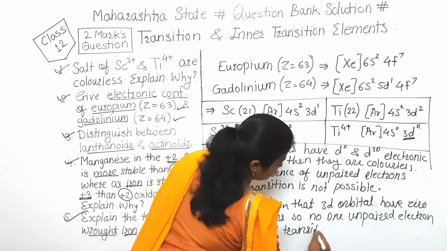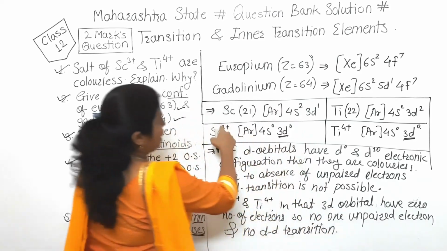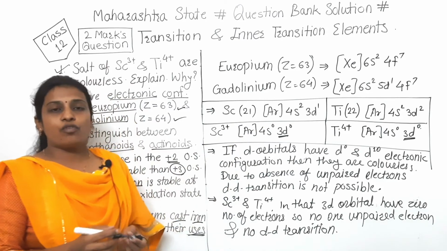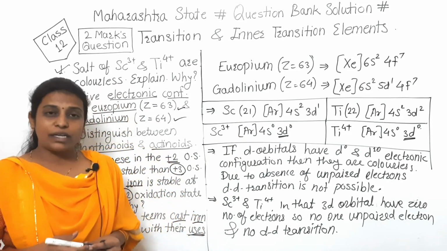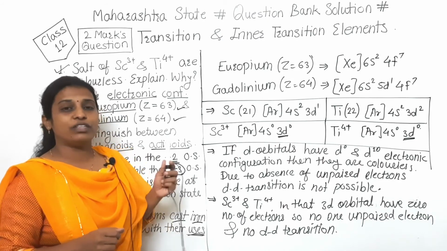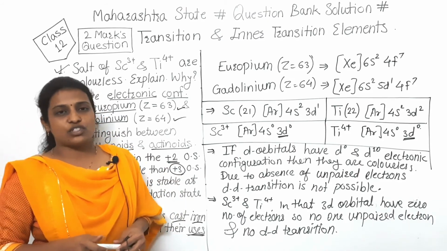So this is the reason behind why scandium 3+ and titanium 4+ salts are colorless. So in this way we have completed all 2 mark questions of the transition and inner transition elements.